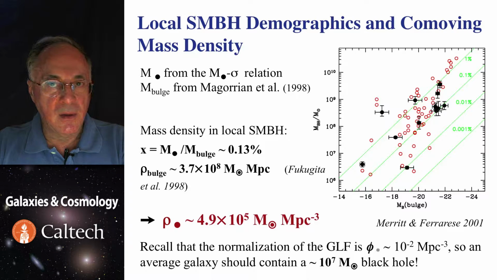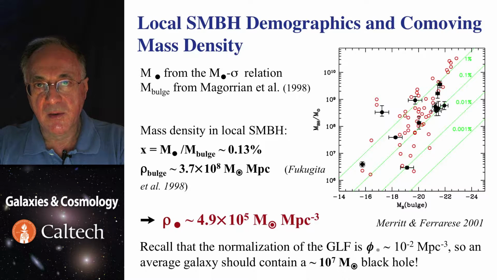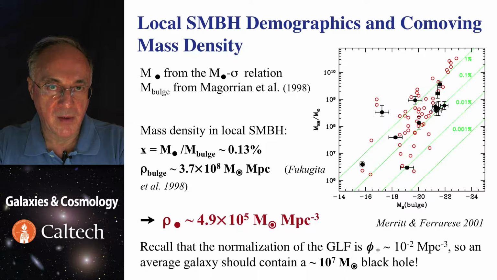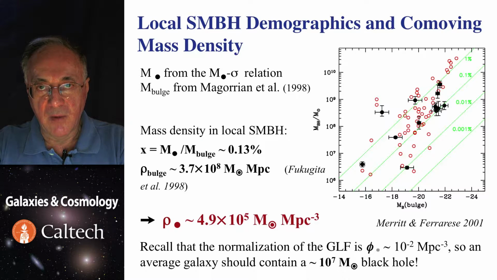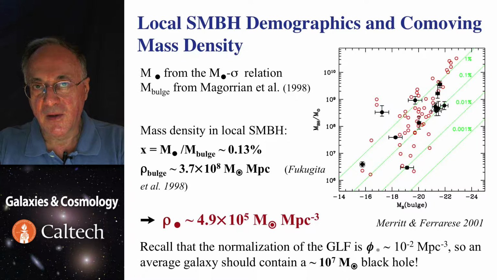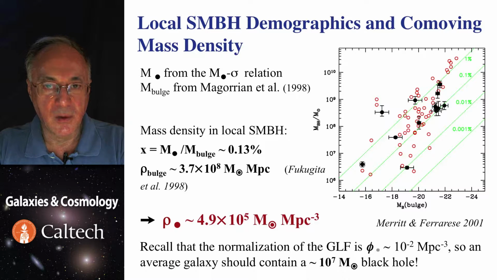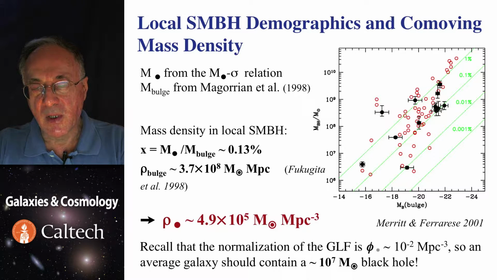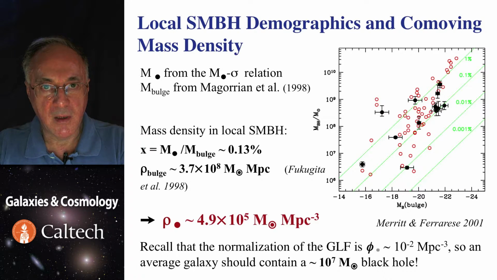So this can be compared directly to the measurements from kinematics and the census of supermassive black holes in galaxies, and we find out that the two agree very well, and they correspond to the local average black hole density of about 500,000 solar masses per cubic megaparsec, which is about 3 orders of magnitude less than the mass density of stars.